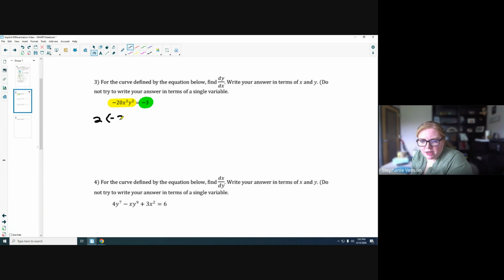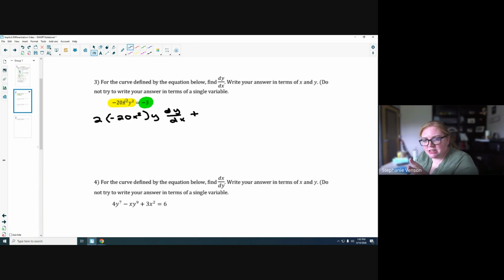So 2 times negative 20x squared, and then that would be y. Since I was treating y as the variable here, I'm going to have to write dy dx next to it. Then I'll do an addition symbol.